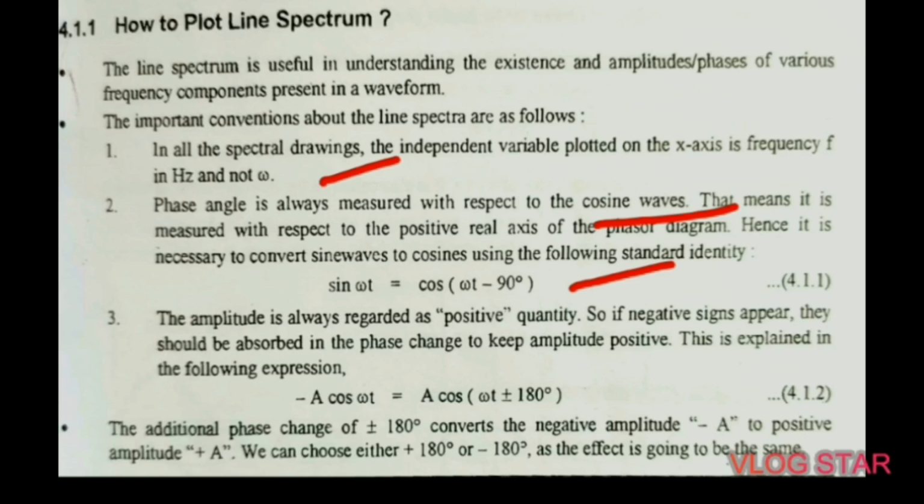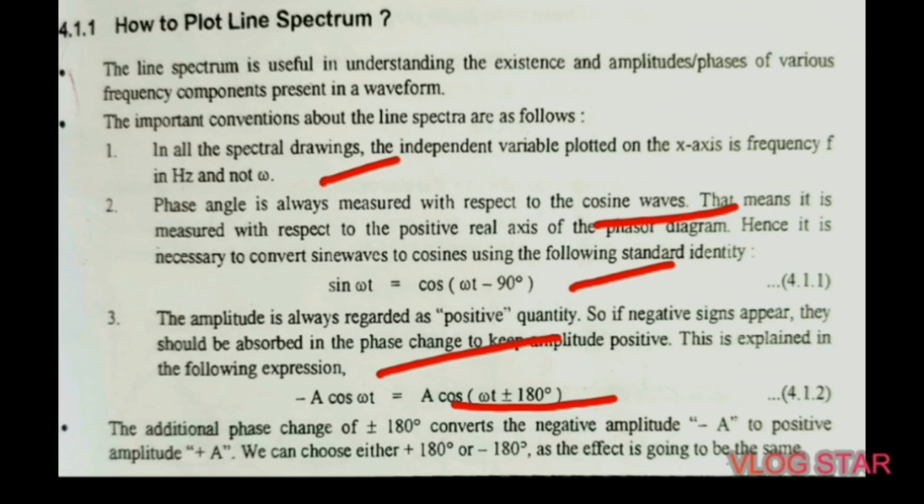Then the third point is that the amplitude is always regarded as a positive quantity. So if a negative sign appears, it should be absorbed in the phase change to keep the amplitude positive. Here we can see minus A cos omega t is present and it is in negative form. So we have to convert it into a positive quantity. So here we are using the convention, that is A cos of omega t plus or minus 180 degrees.